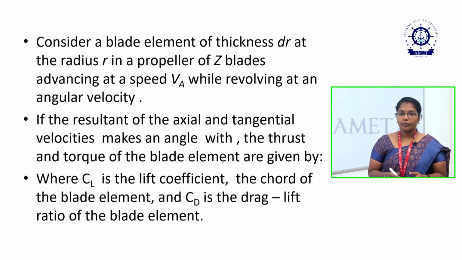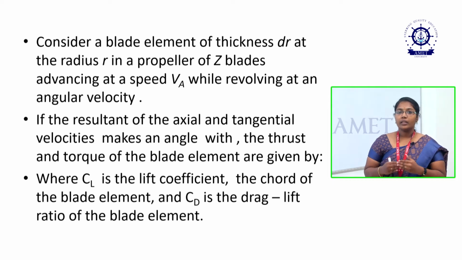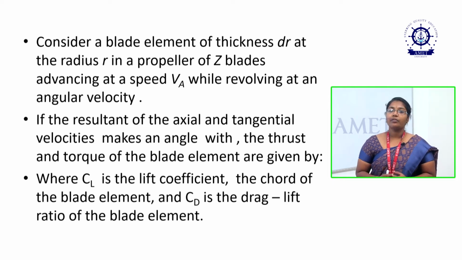As you know, the lift coefficient CL is equal to L by half rho A V square, and CD will be the same, replacing L with D. So, we are having the lift coefficient and also the drag coefficient. Now, from the force diagram you can get dL and dD, which are the elemental lift and elemental drag. With that we can calculate our CL and CD, and our efficiency will be calculated.